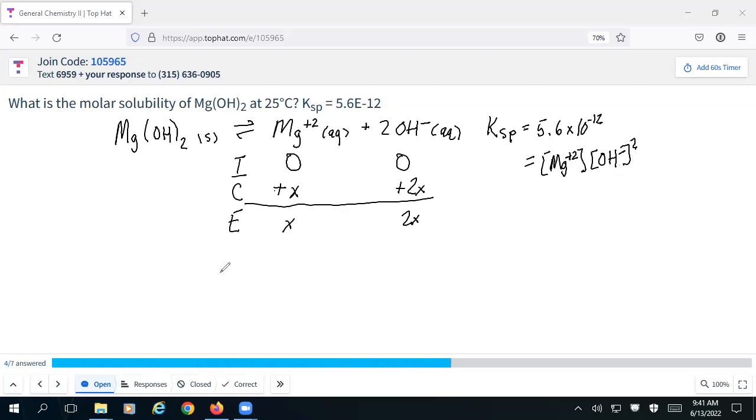quantity squared. So setting that up, 5.6 times 10 to the negative 12th is equal to x times 2x quantity squared, which is equal to x times 4x squared, which is equal to 4x cubed.